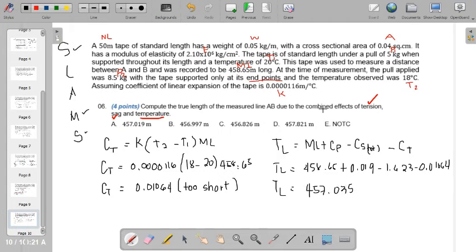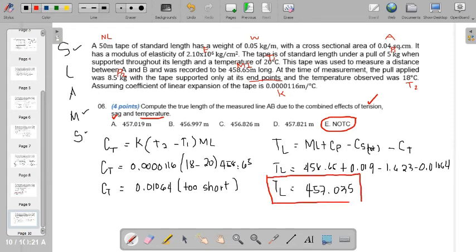But it's not there. We have 457.09, but we don't have this one. We don't have it in the choices. So therefore, our answer is NOTC, not on the choices, or none of the choices. So this is our answer.